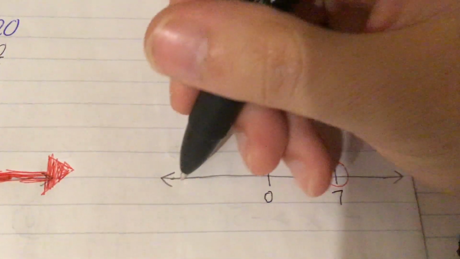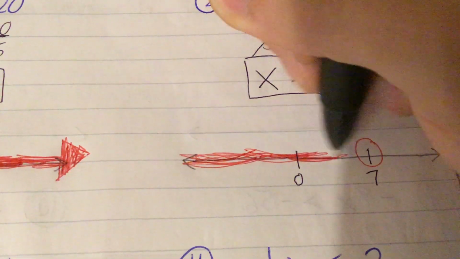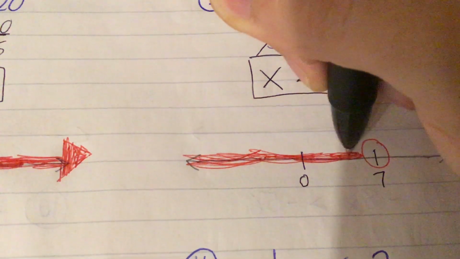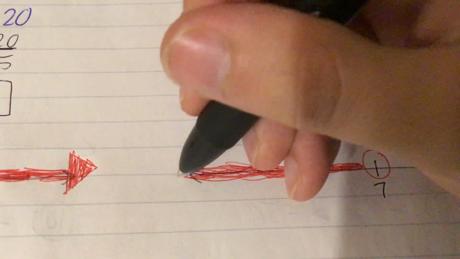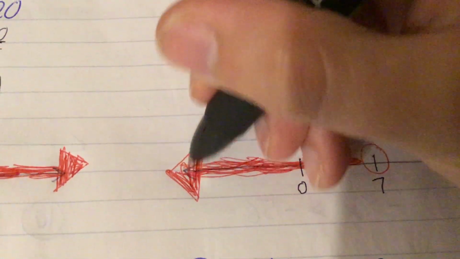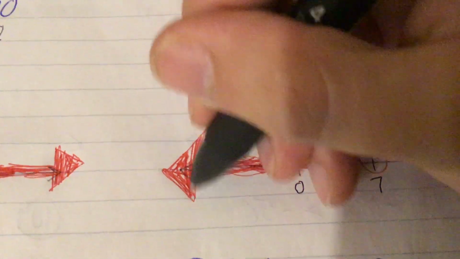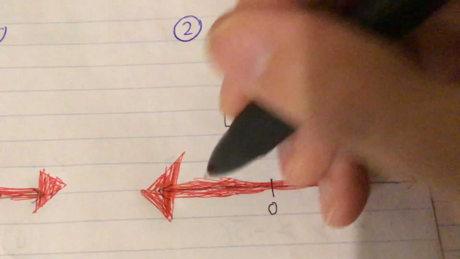I shade to the left of 7. And I reach the end of the number line, so I put a big fat arrow. Any number that's in this shaded region is true.